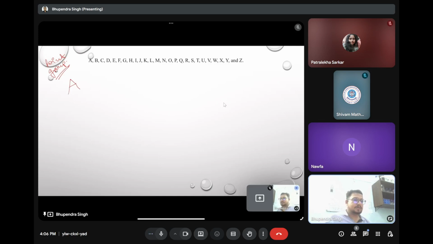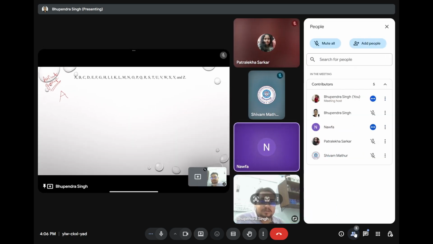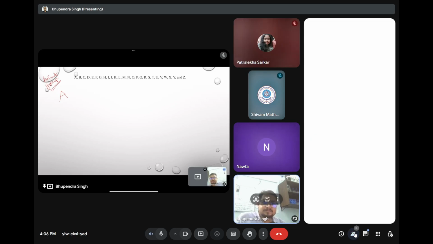I think three people are there: Nafa, Patlekha, Shivam. So three of you try to find out the point group of A, B, these English alphabets.